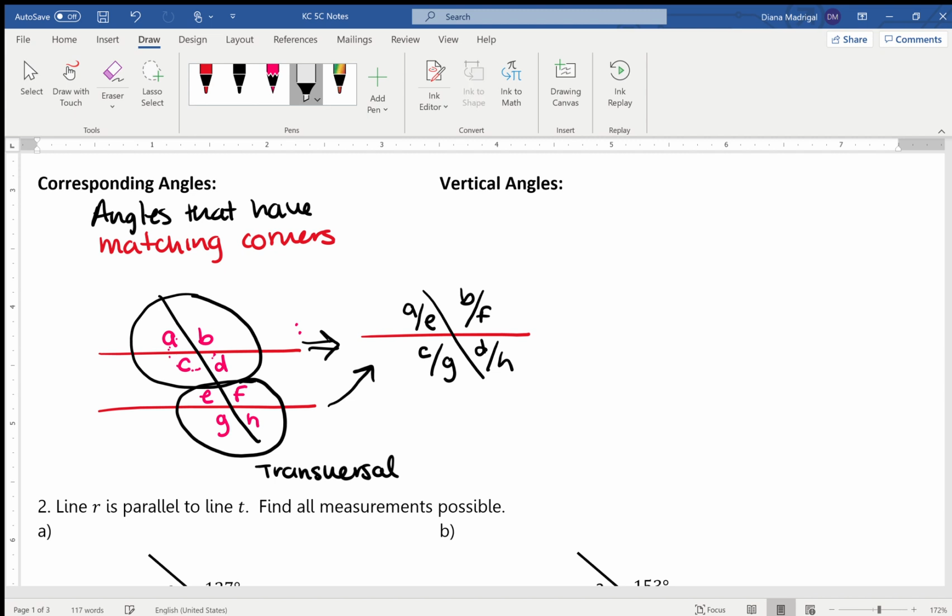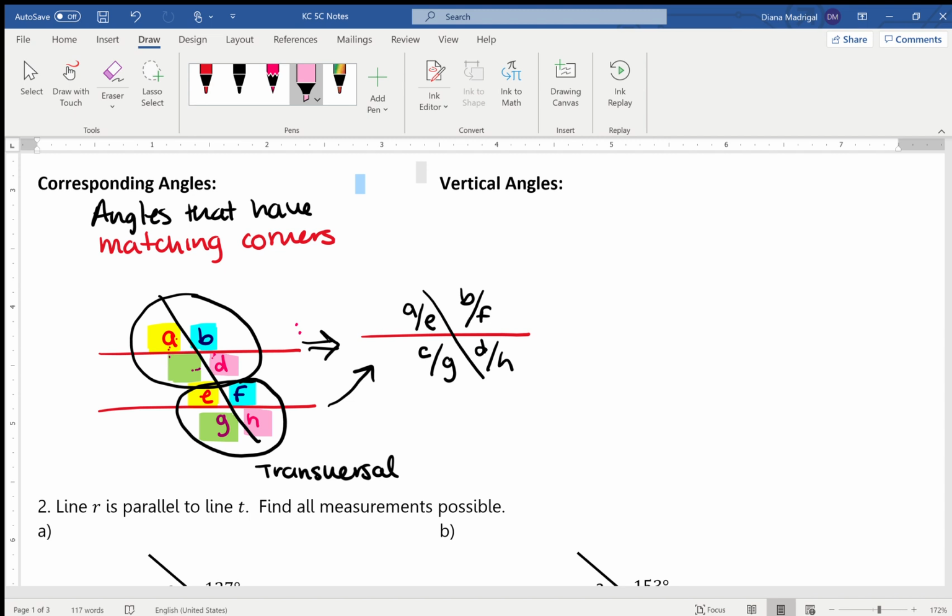Let me color that out for you. Okay. A with E, B with F, C with G, and then H with D, okay?